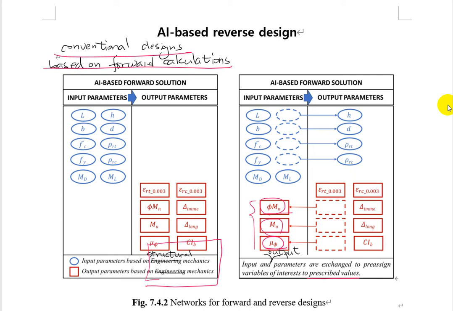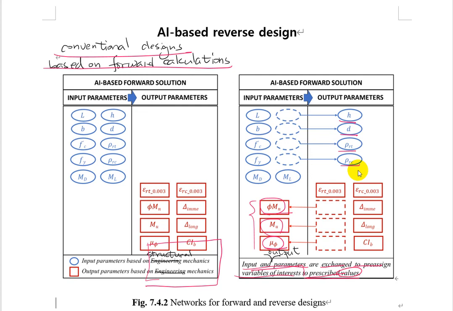Whereas some of the parameters from input should move to the output side. In this case, we moved H, D, rho T, rho C to the output side, so that some of the input and output parameters are exchanged to pre-assigned variables of interest to prescribe the values.